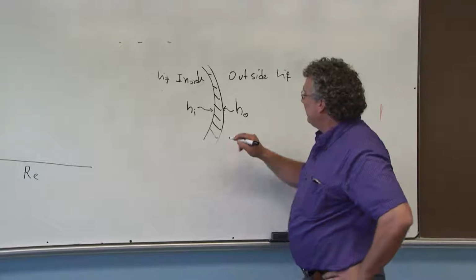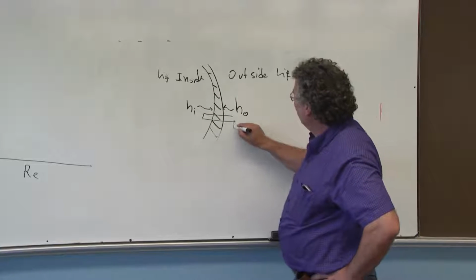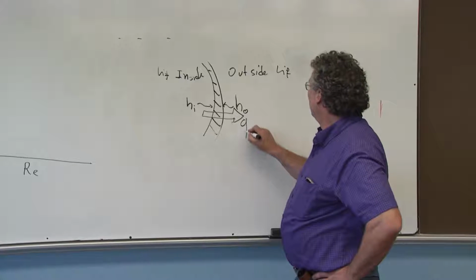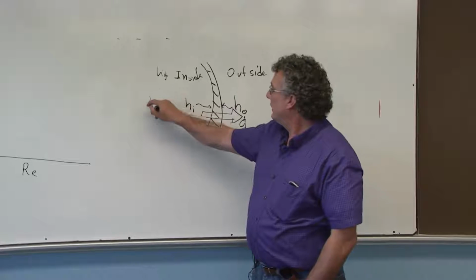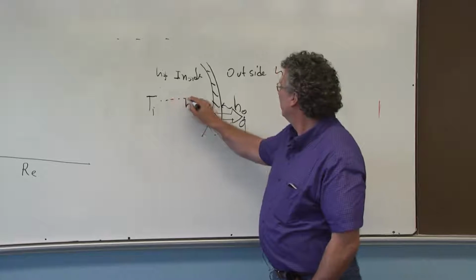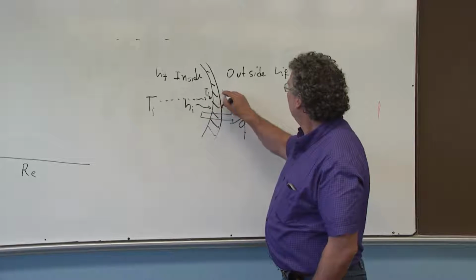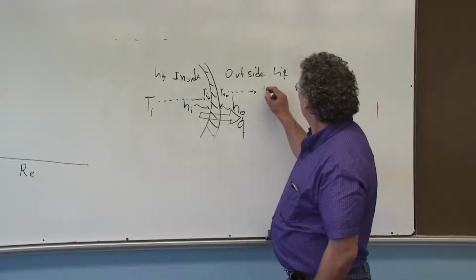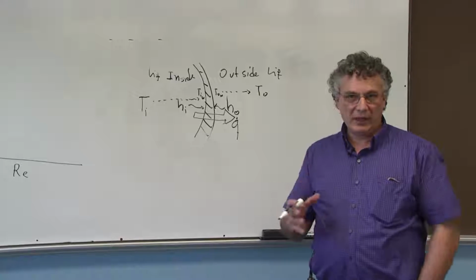Because we are cooling, the heat is going to move from the inside to the outside. This is the direction of the heat transfer, which means there is a higher temperature of the inside fluid. Then the heat travels to the wall, and there's an internal temperature at the wall. Then there is another external temperature at the wall, and then the heat has to travel to the temperature of the bulk of the fluid outside the pipe.